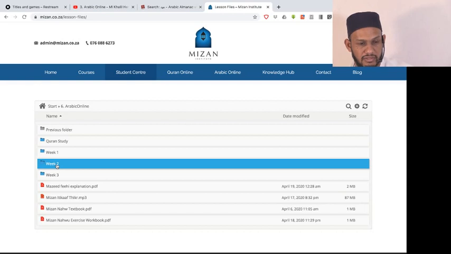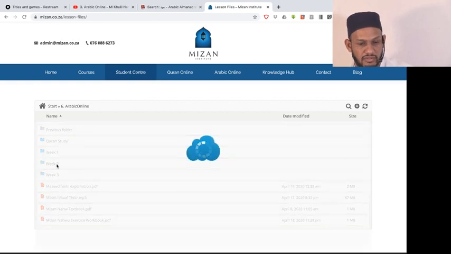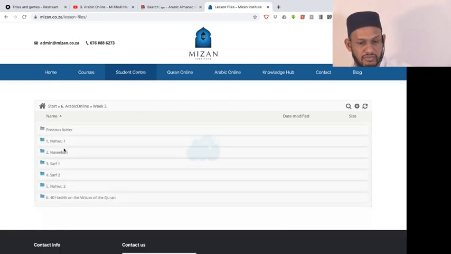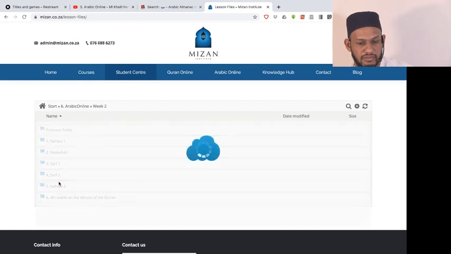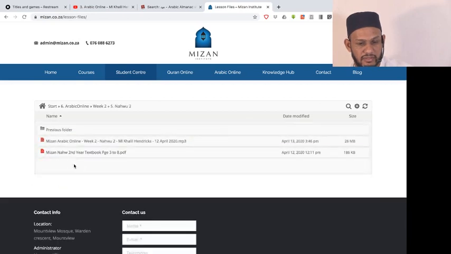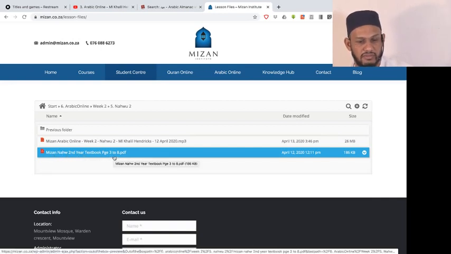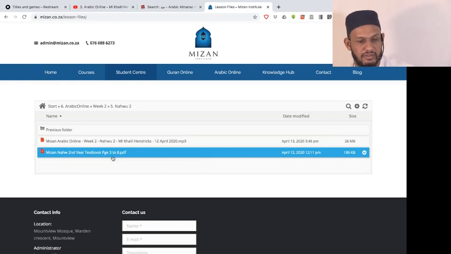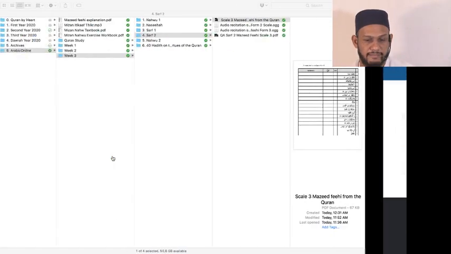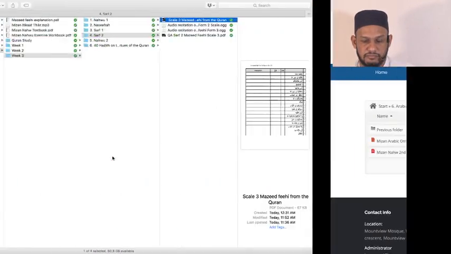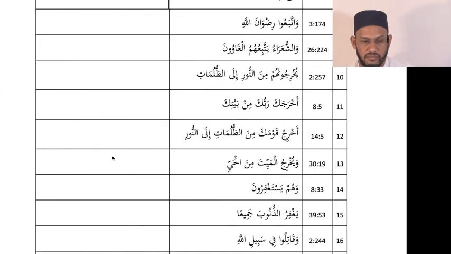Arabic Online, week number 2. And then you go to Nahwu 2, and then you'll find it there. It is this one here, Mizan Nahwu, second year textbook, page 3 to 8. So Nasreen, you can just send it to the class as well to make it easier, inshallah. Okay.